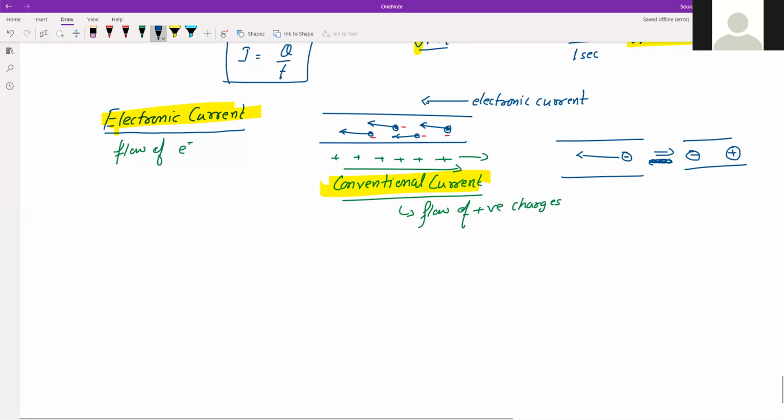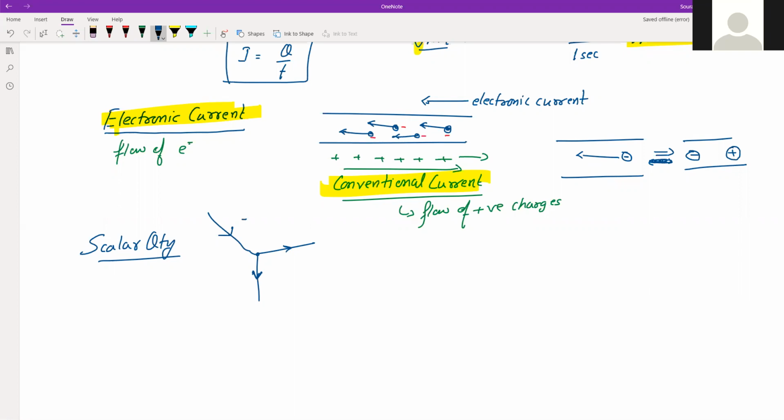Okay, one more thing, it is a scalar quantity. That means on a junction, if I have a situation like this, some current is coming in, one is leaving, and this is also leaving.